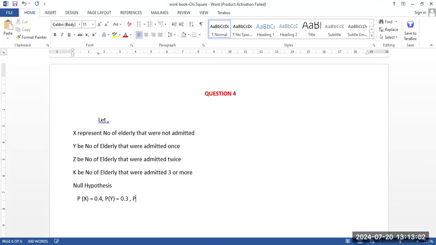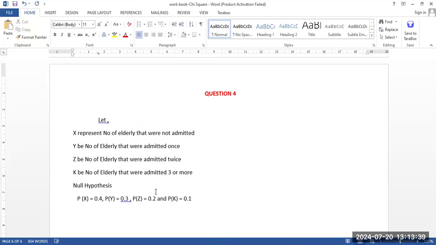Then next, probability of Z is equal to, what is the portion? Yes, 0.2. Then here, the last one is 0.1.